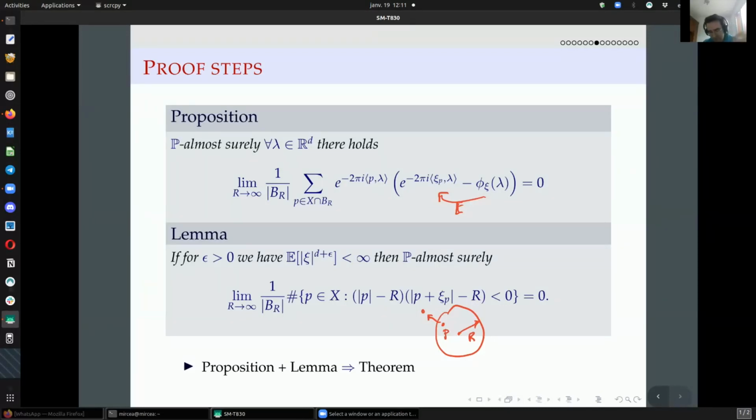I'm looking at the number of points that are jumping across the boundary of balls of radius r. And basically, this is what my moment condition is for. If I have this moment condition, then I can find that almost surely, asymptotically, this number of points is less than a volume term. Okay, so if I have these two steps, proposition plus lemma, then I have the theorem.